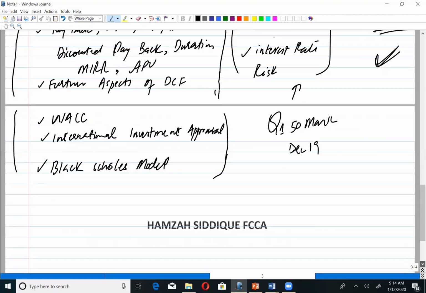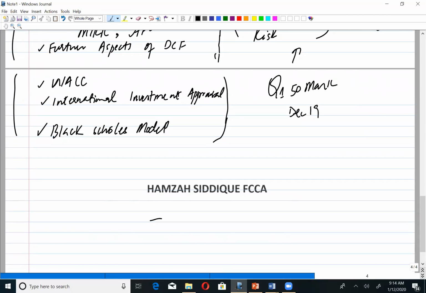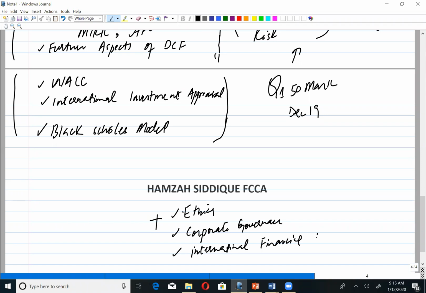And students, in addition to these three topics, there are some topics of ethics. There are some topics of corporate governance. There is discussion on international financial institutions, just like the IMF, World Bank, the European Bank, Bank of England, and their roles.